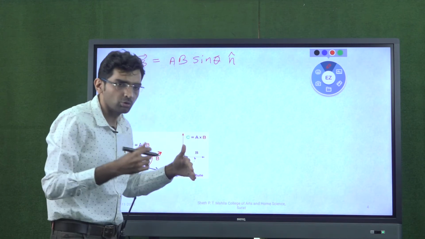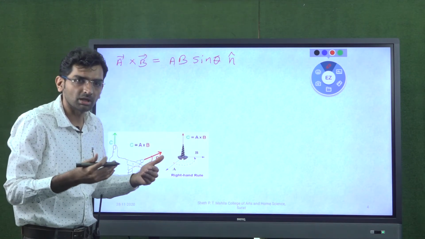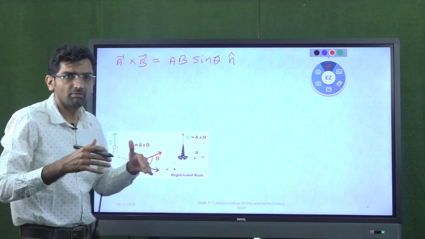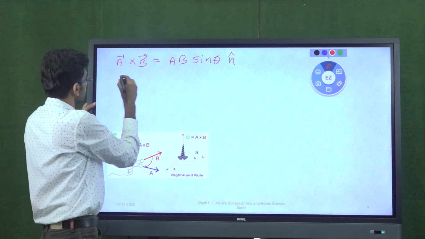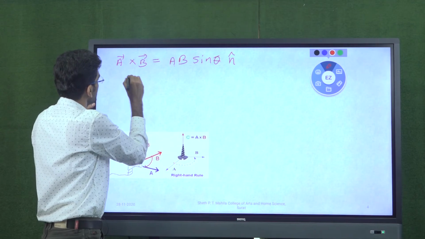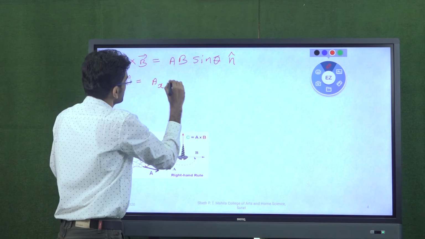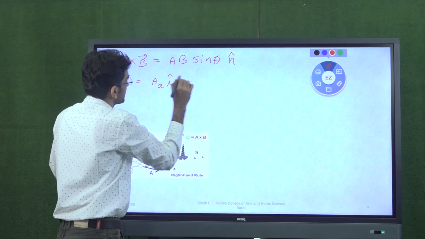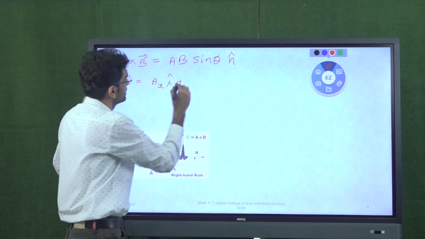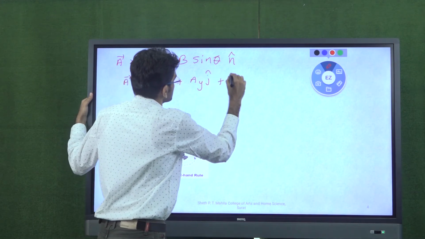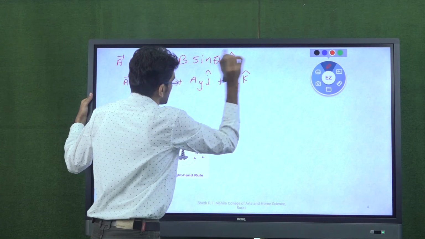I will show you how to carry out the vector multiplication of two vectors by one small example. Then after that we will complete this class. Let's say I have vector A equal to, there are three components of the vector: X component multiplied by i cap, that is the unit vector in the direction of X, Ay j cap plus Az k cap.